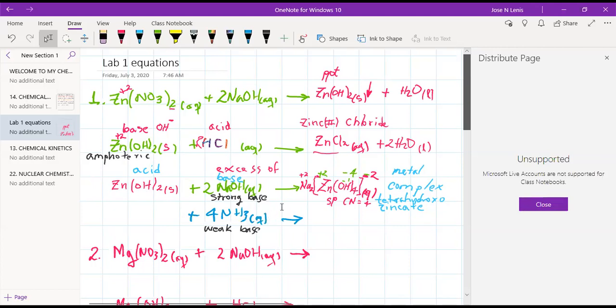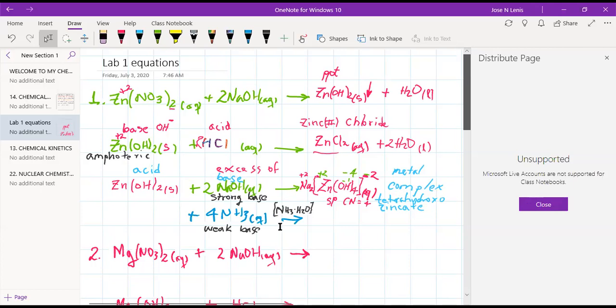We can dissolve it in water and we have aqueous solutions of ammonia. We normally write it as NH3, you can write it that way, with water. That's ammonia. It's reacting with water.